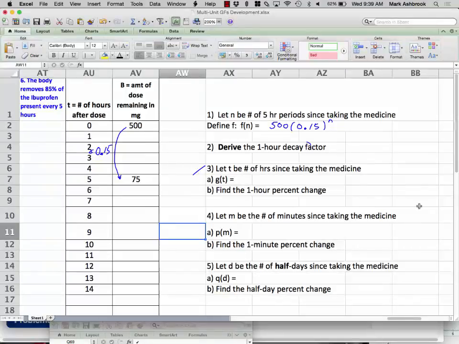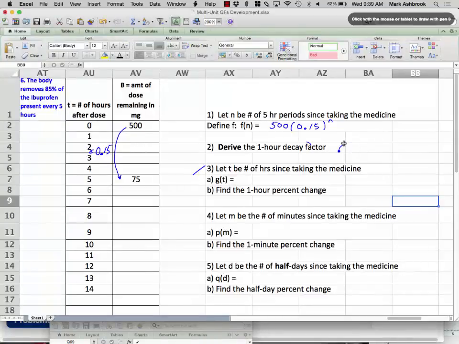Okay, so now let's do this derivation process again. We're going to let B equal the 1-hour decay factor.